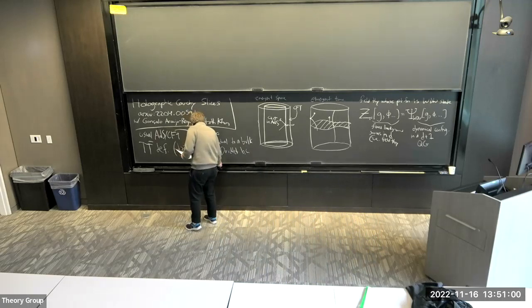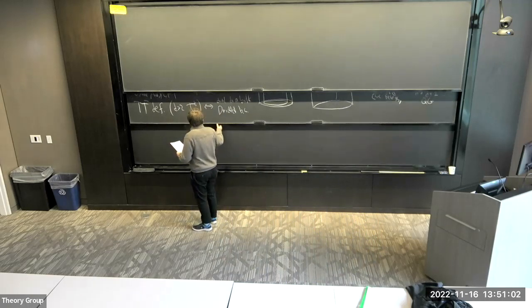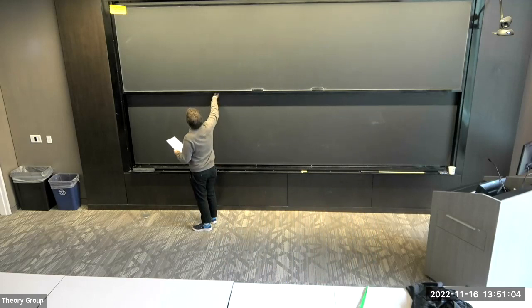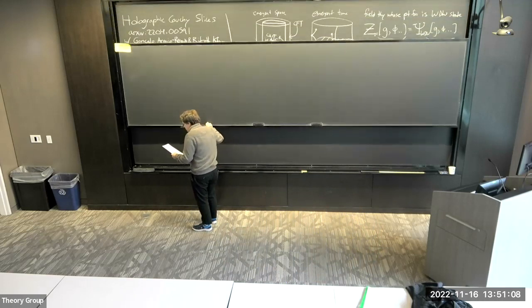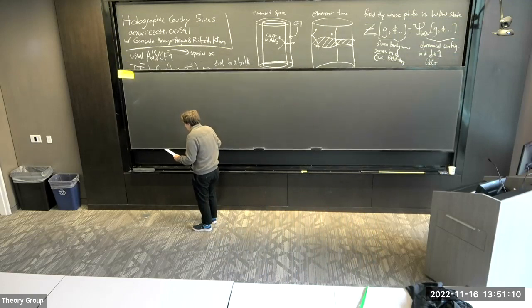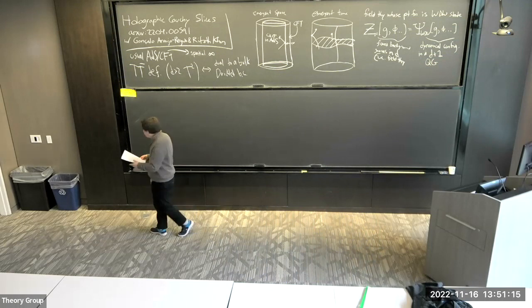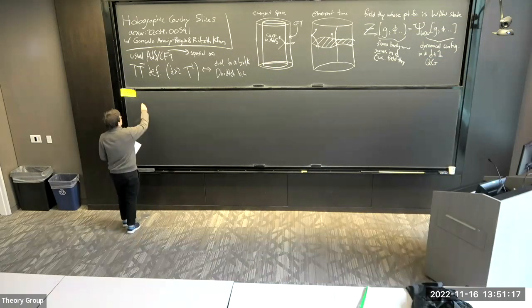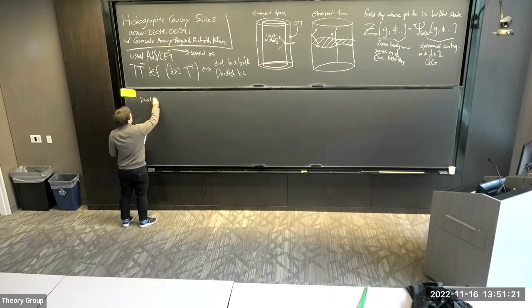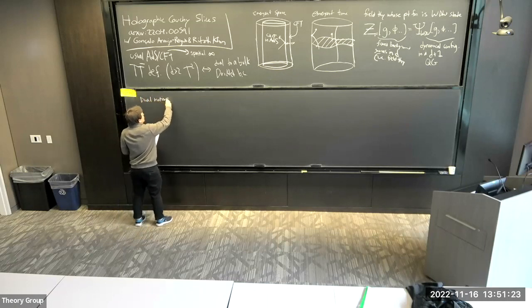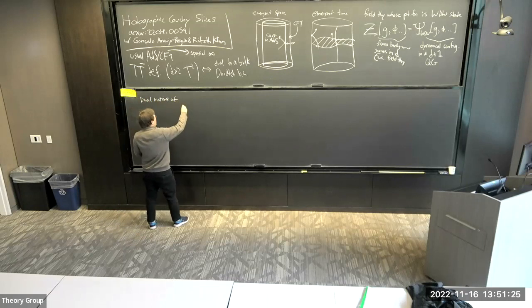Now I didn't realize this till I started teaching holography. But what's really going on here is the thing that makes holography function is that there are sort of dual notions of a conjugate variable.